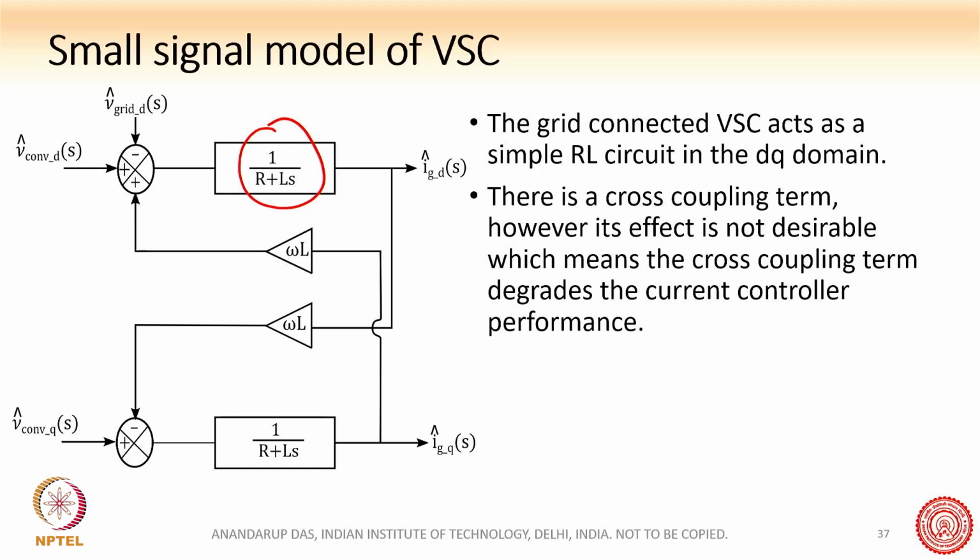For example, when you give a pulse output from the microcontroller, and when the switch turns on, there is a gate driver circuit, and there is a finite time required by the MOSFET or the IGBT to turn on. So there is always a delay between when the controller gives the output and when the actual switch state changes from 0 to 1, for example.